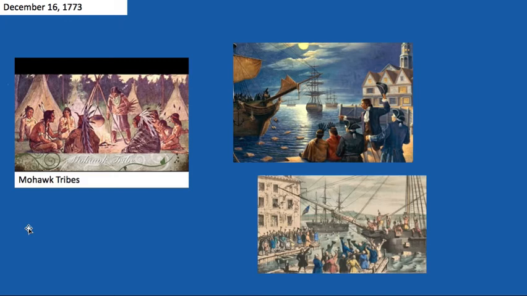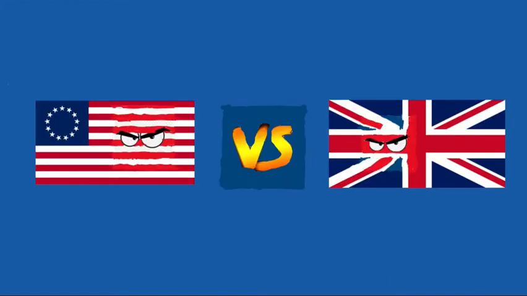The Sons of Liberty that I already mentioned in this video called on a Native American tribe, the Mohawk tribe. The Mohawk tribe landed and boarded the British ships, and they dumped 342 chests of tea. This led to a revolution, which is most famously known as the American Revolution.